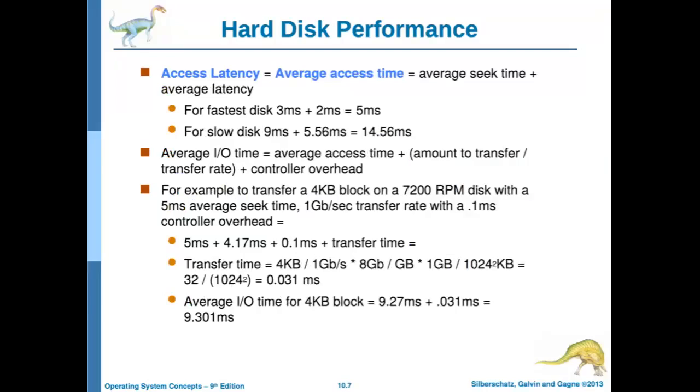So 3 milliseconds is the average seek time and 2 milliseconds is the average latency. Now try to understand the difference between both. The seek time, I already mentioned, is the time required to move the disk arm to the desired cylinder.